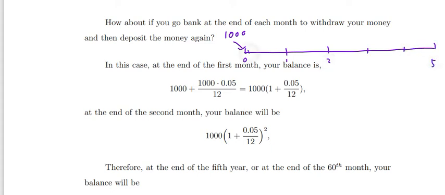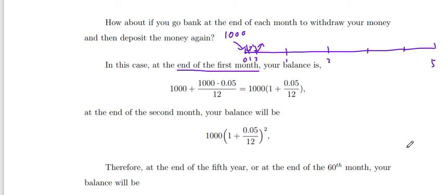But at the first month, I take it out and put it back, like that. So the time period is months, and the bank will calculate your balance every month. So at the end of the first month, what is the balance?